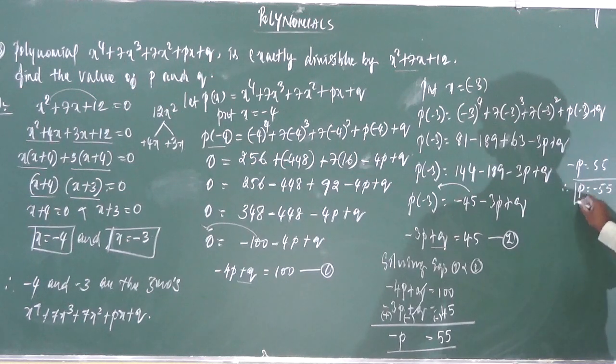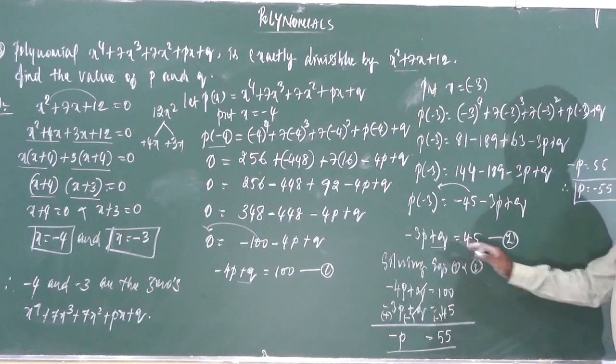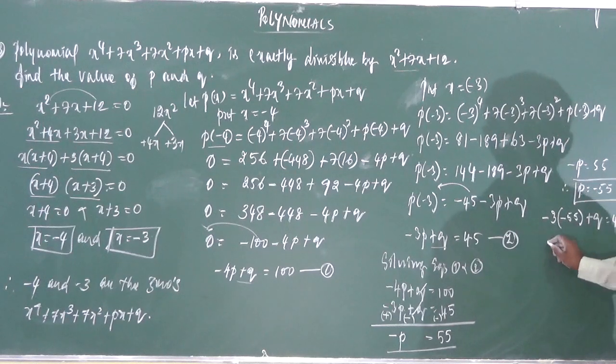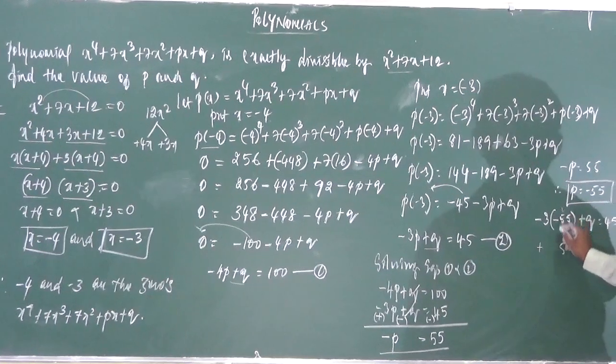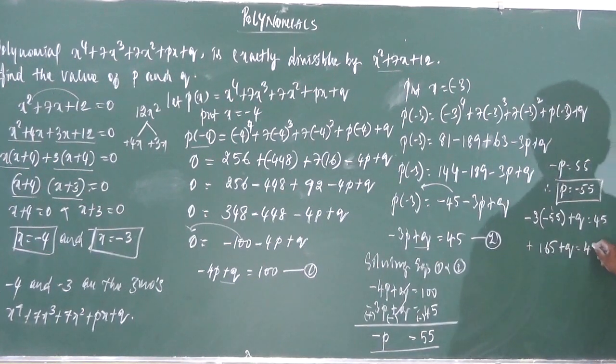So this is the value of p. Let us find out the value of q. We can substitute in any one of the equations. So minus 3 into the p value, minus 55, plus q is equal to 45. Minus into minus is plus, 3 5s are 15, plus 1 is 16, so 165 plus q is equal to 45.